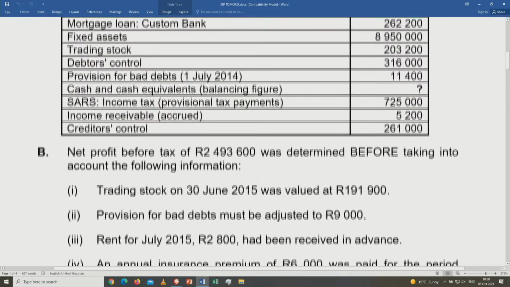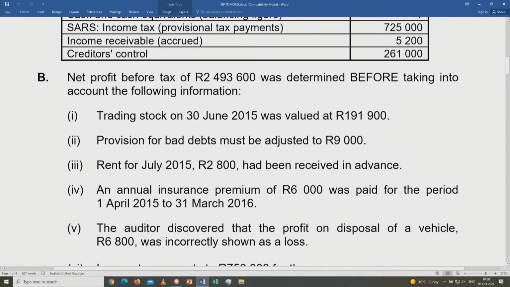The next one, adjustment number 2, says provision for bad debts must be adjusted to 9,000.